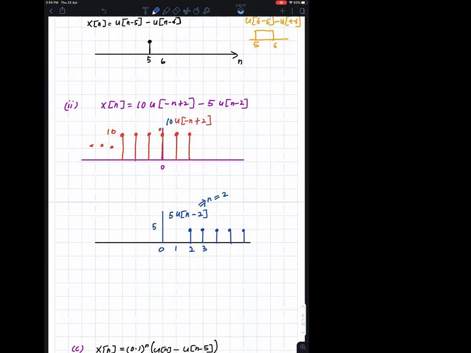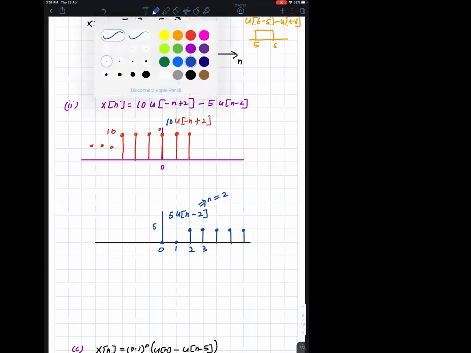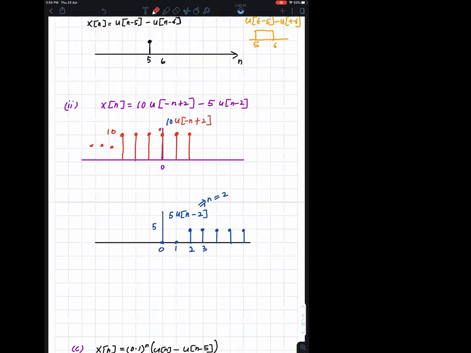So this is like 0 here. The same thing here, when you solve for minus n plus 2, it is equal to 2, 1, 0, minus 1, minus 2, minus 3, until -7, right?